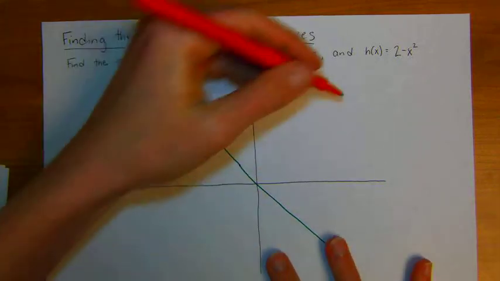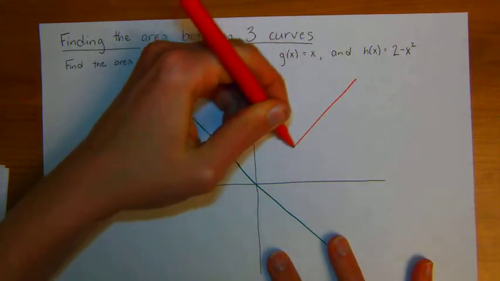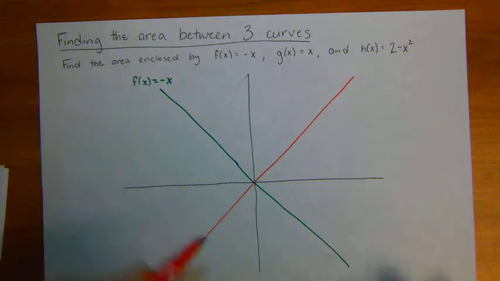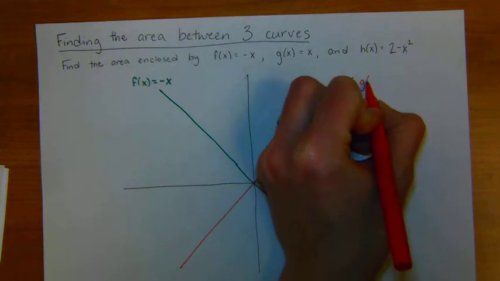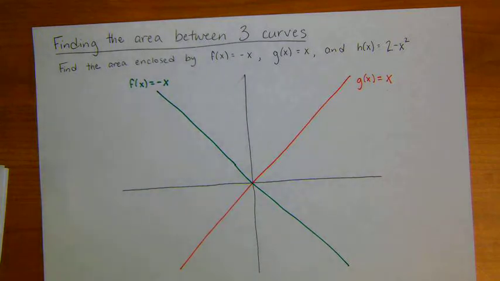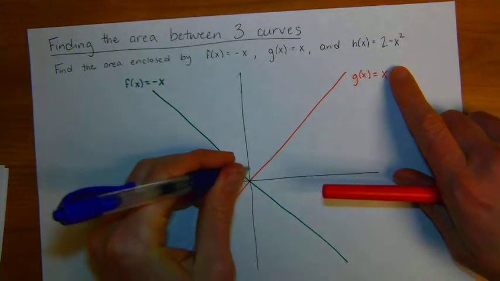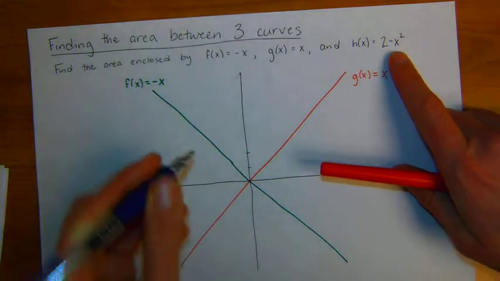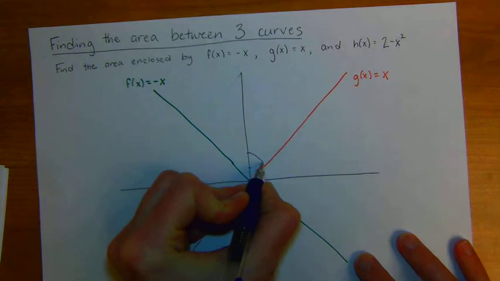And then we have another boring function. Our g of x function is just another straight line with y-intercept of 0, this time with a slope of 1. And then we have a parabola. Let me grab another color. That's been shifted up by 2 and is facing downwards.